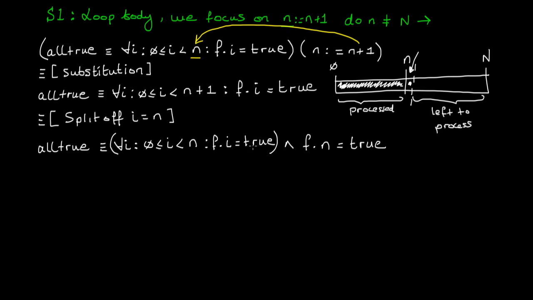Okay, so now we have this bit in the brackets, and an and, and f.n equal to true over here. Well, what we do then is use a bit of common sense and say this follows from our invariant P, because what we've got in the brackets, and what I've shaded in here in the diagram, all of this bit, well, where's the answer for that bit going to have been stored all the way along if we take this snapshot in the middle of processing?